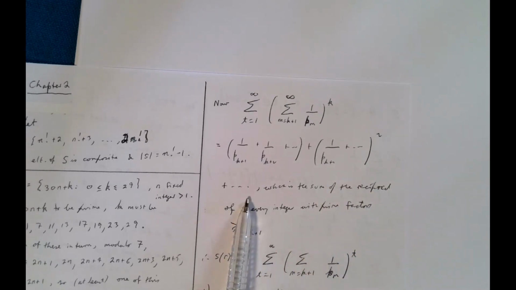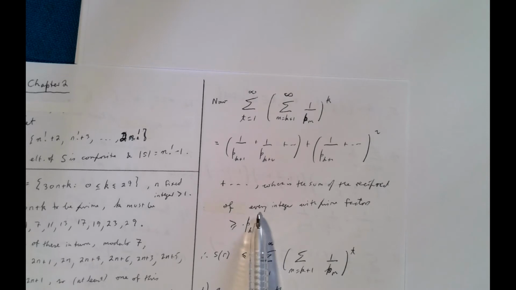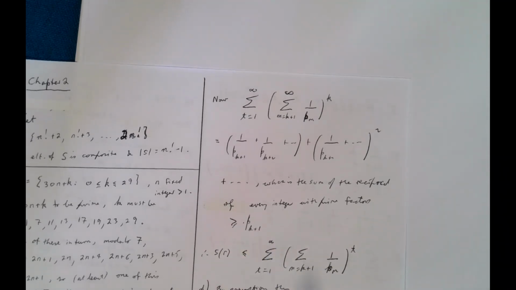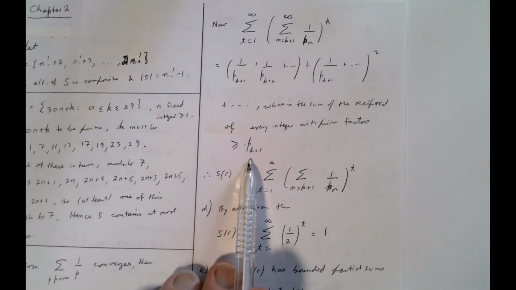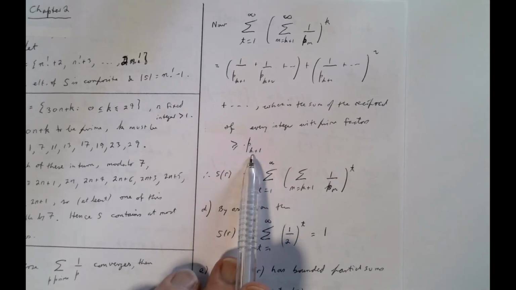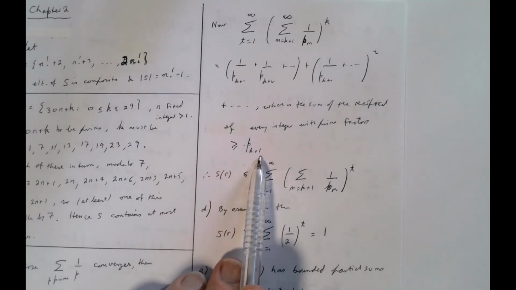Now, when you expand this out, you're going to get the sum of the reciprocals of every integer with prime factors bigger than or equal to Pk plus 1, just by the fundamental theorem of arithmetic, and you're going to get the sum of the reciprocals of all of these.